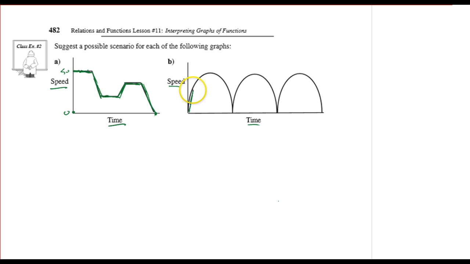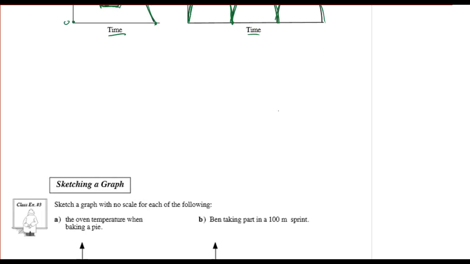If you're a car, you really accelerate, and then you decelerate, and then you stop, and then you accelerate again, and then you decelerate. This could be if you're doing sprints. It doesn't have to be a car. You can be sprinting. So you start off sprinting, and then you slow down, and then you sprint again, and then you slow down, and you sprint, and you slow down. There are a lot of answers that can fit these graphs.